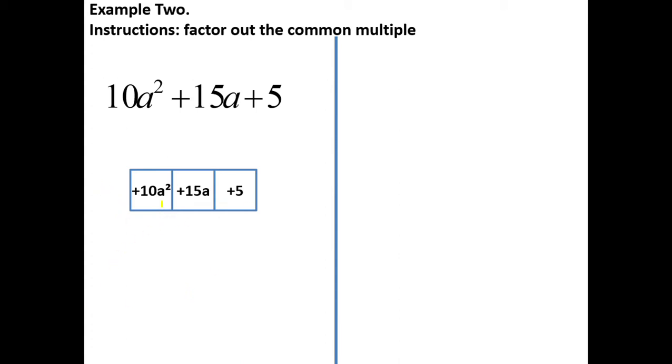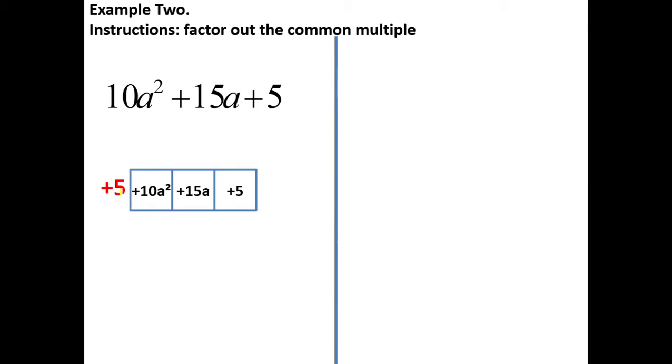Well, this has an a in it, this has an a in it, but this doesn't have any a's in it, so you can't take the a's out. 5 will divide into 5, 5 will also divide into 15, and 5 can also divide into 10. So 5 is a number that can divide into all three of these numbers. So we can take a 5 out.